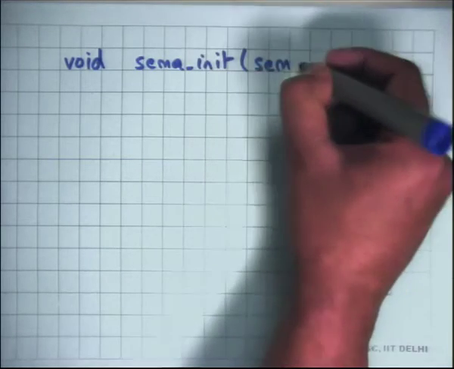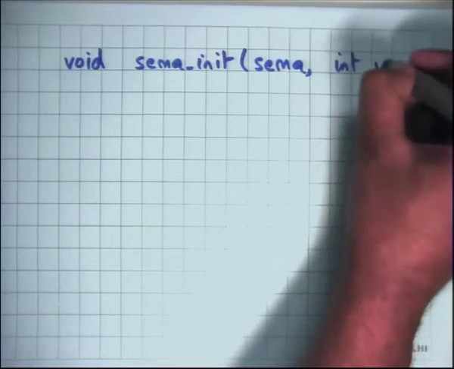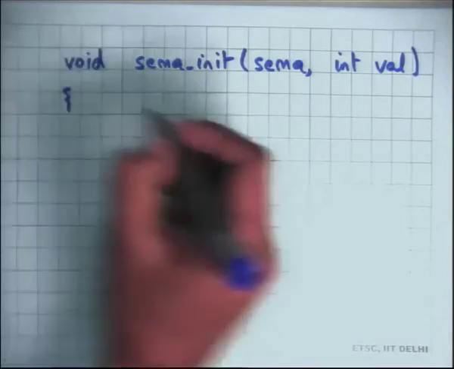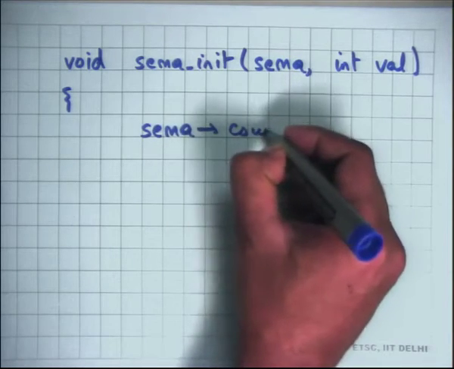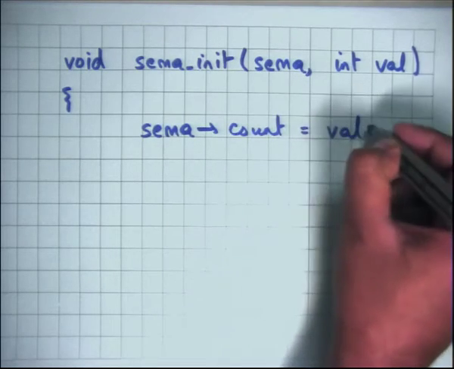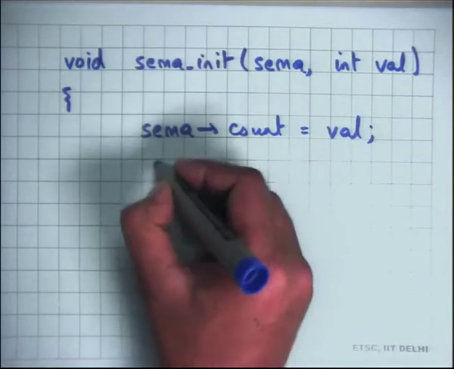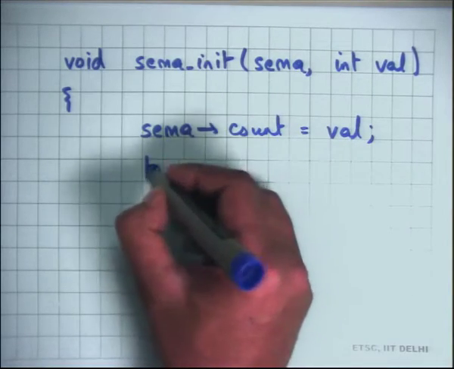It has two arguments, sema and int val, and I am going to say sema.count is equal to val. But before that, I will call lock init.